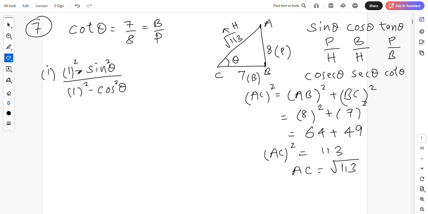A square minus B square is nothing but A plus B into A minus B.